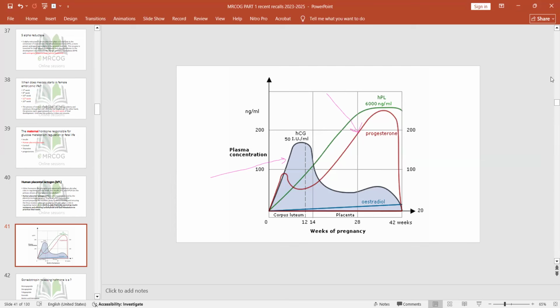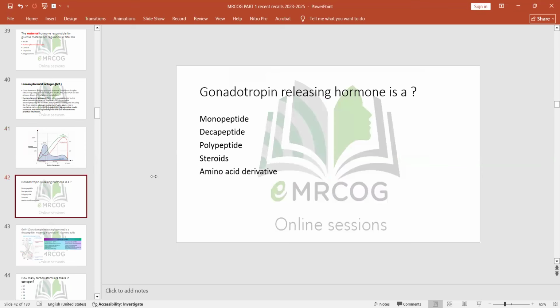And she's not going to have easy placental separation. Okay, I'm just trying to make you remember, guys. Even I sound really, what shall I say? Not really scientific, actually.